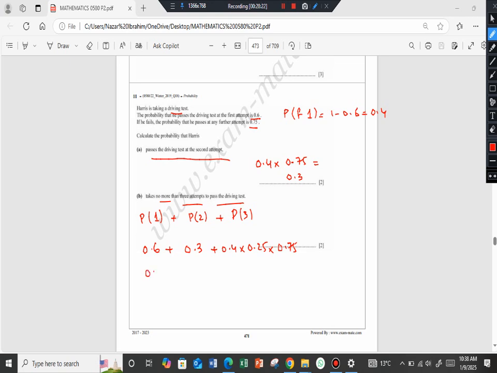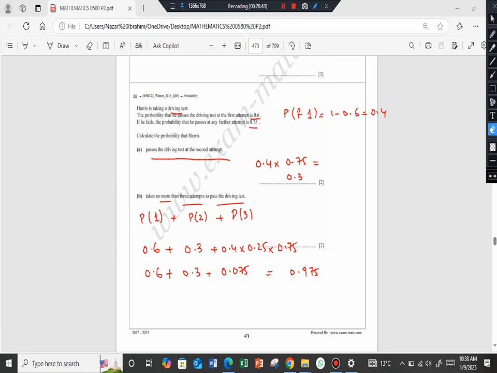So 0.6 plus 0.3 plus 0.4 multiplied by 0.25 multiplied by 0.75, which is 0.075. Adding all these up, 0.6 plus 0.3 is 0.9, plus 0.075 is 0.975. I hope that's clear to everyone.